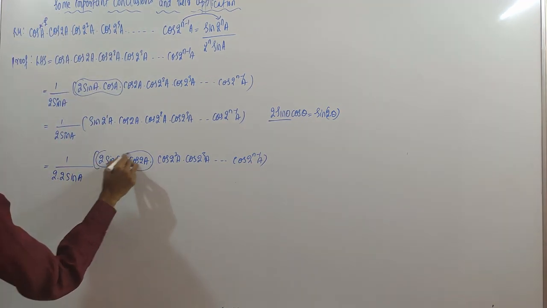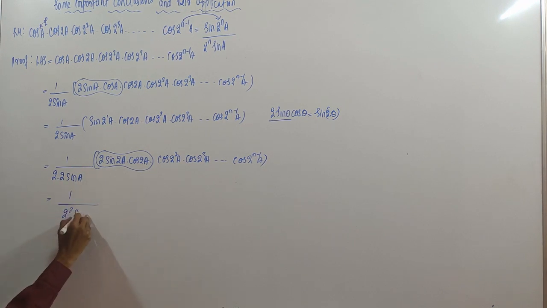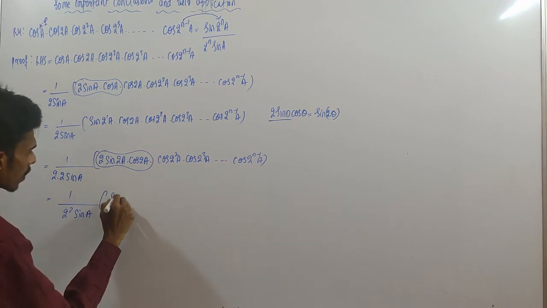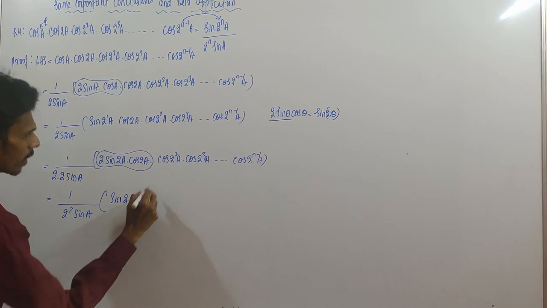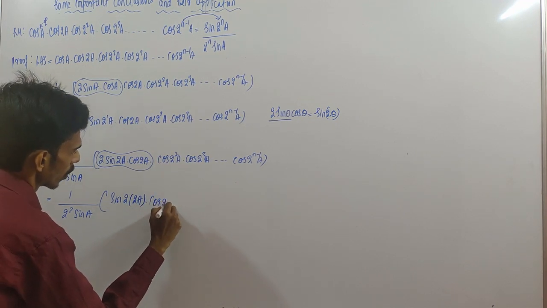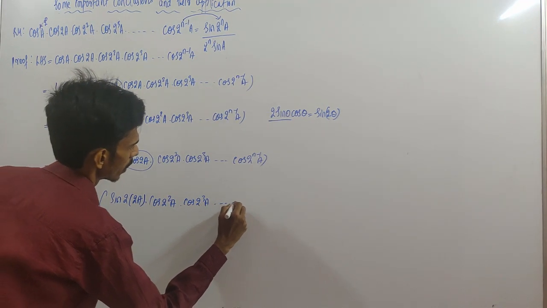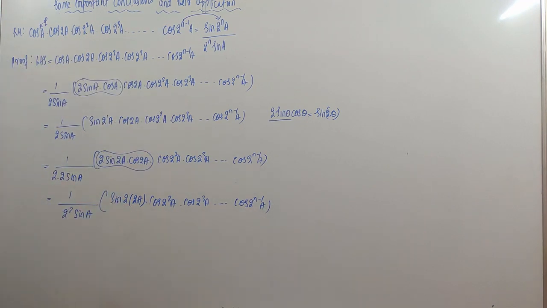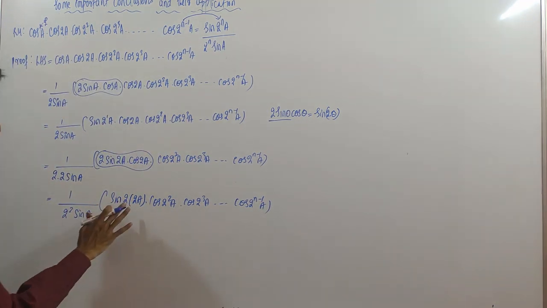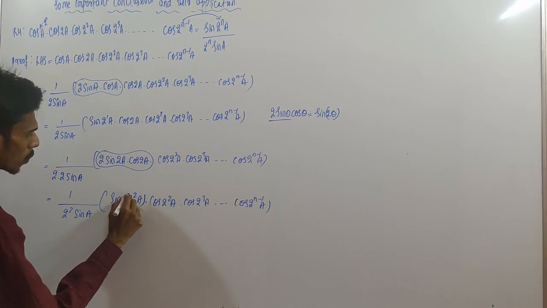Now this term will become 2 into 2 is 2 square, 2 square sin A, into this will become sin 2 into 2A, this cos 2 square A, cos 2 cube A, up to cos 2 power of n minus 1 A. Again this is 2 square.